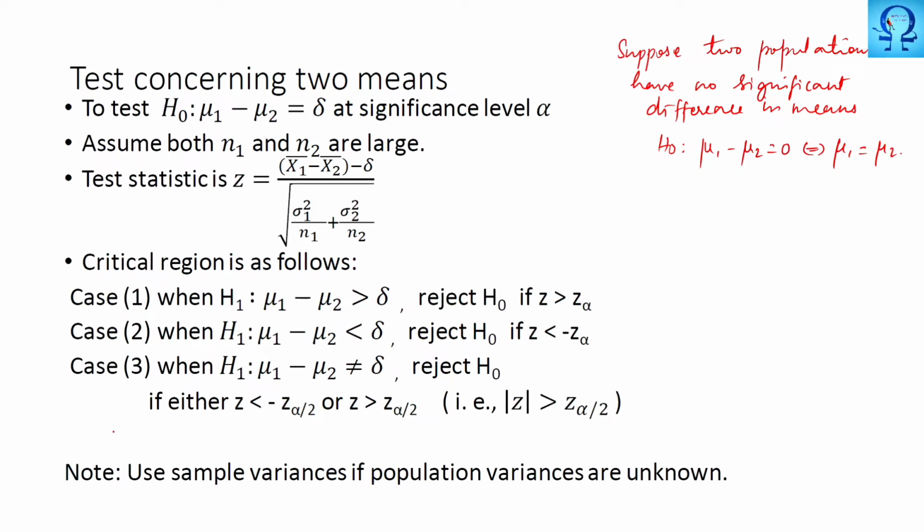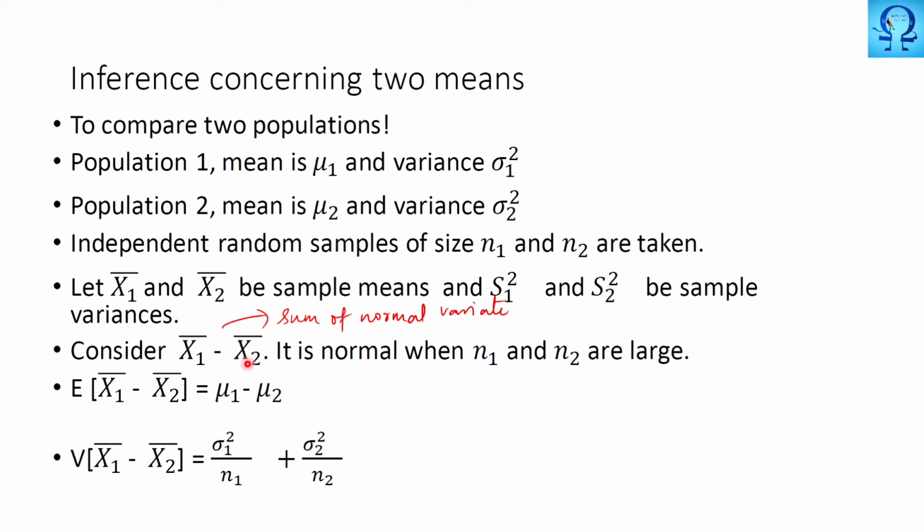Initially we are assuming both n1 and n2 are large enough, which means we are going to make use of the z statistic. Here, what is the variable that we are going to test? X1 bar minus x2 bar is the variable to which we are going to apply this.